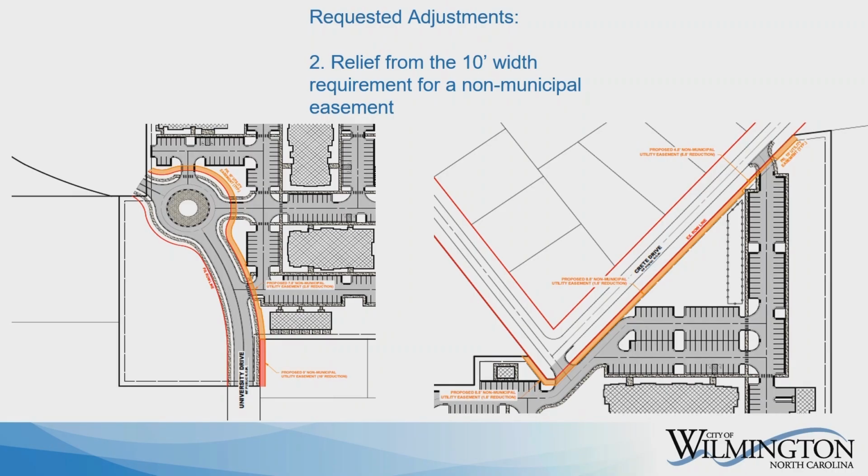I can appreciate the tree save on the left side, as we're calling it, plan left. But I just don't see enough justification given future utilities. There's obviously not going to be a need currently to disturb those.